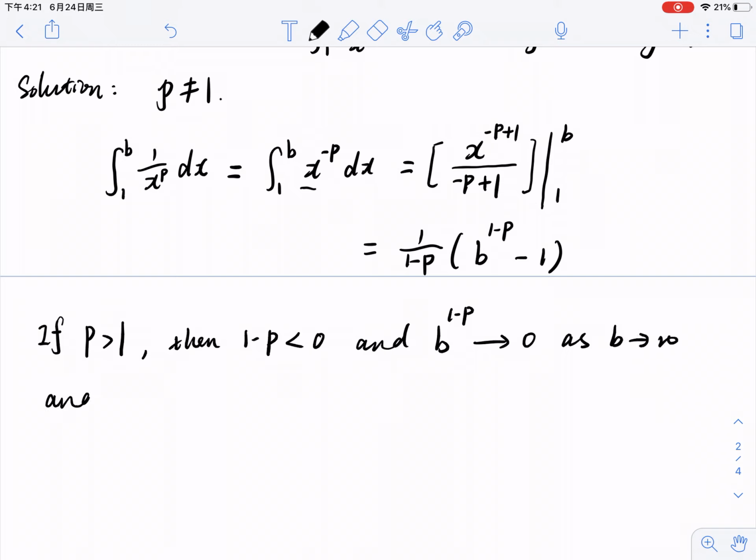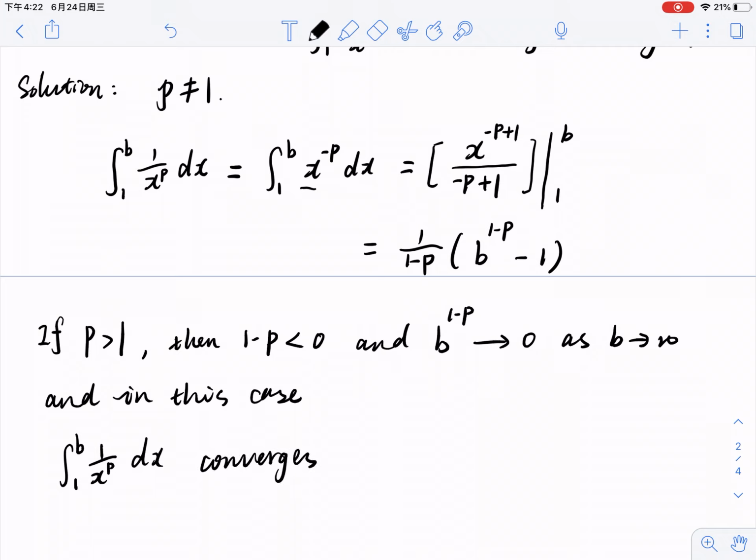And in this case, we have the integral converges to 1 over 1 minus p times 0 minus 1. This is 1 over p minus 1.